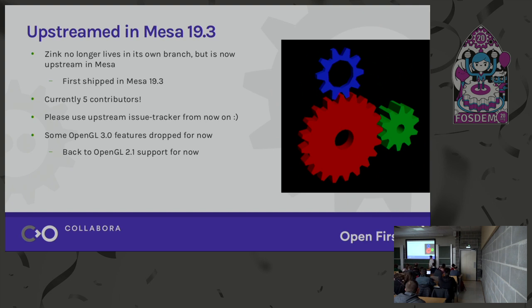And we've started getting some contributions from other people. So now I think 5 people have contributed to Zink. I think last year there was 2, so this is interesting. And now everything happens upstream in the upstream issue tracker and stuff like that. So no point in filing issues in my fork any longer.